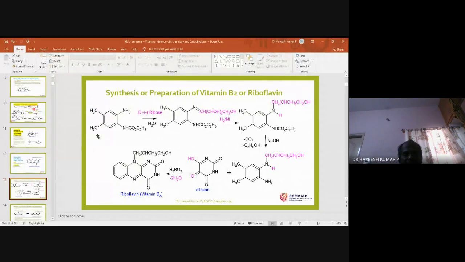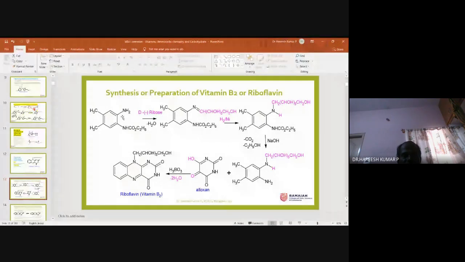So this will be one of the key intermediates or reactants or raw materials. Sometimes they will ask you, how do you get riboflavin starting with this compound? They will give you this, but they will ask you to convert this into riboflavin. So what can you observe here?